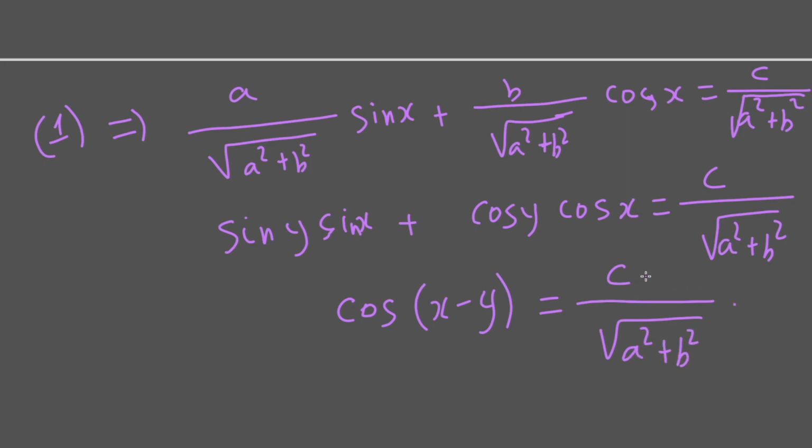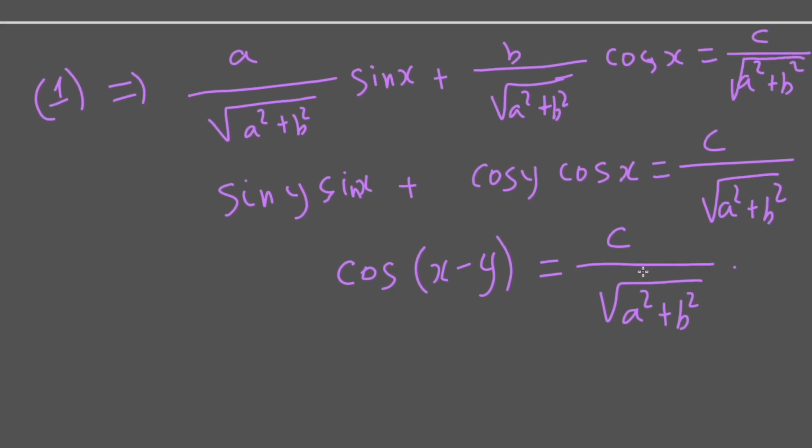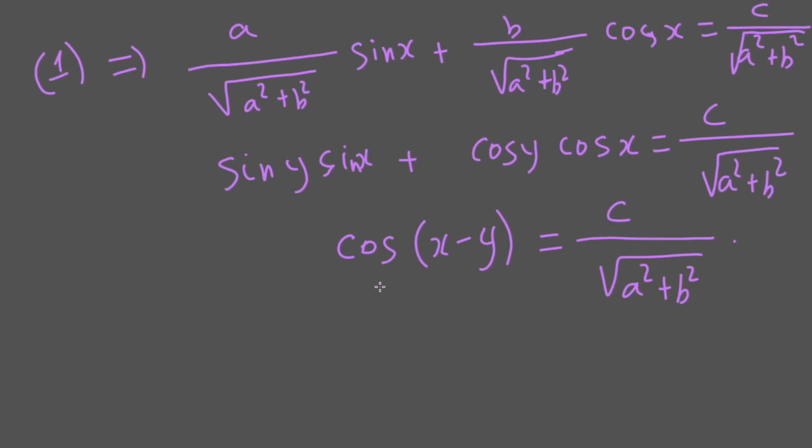Now we have to check the condition of C. You know that the cosine function is smaller than or equal to 1 and greater than or equal to negative 1.